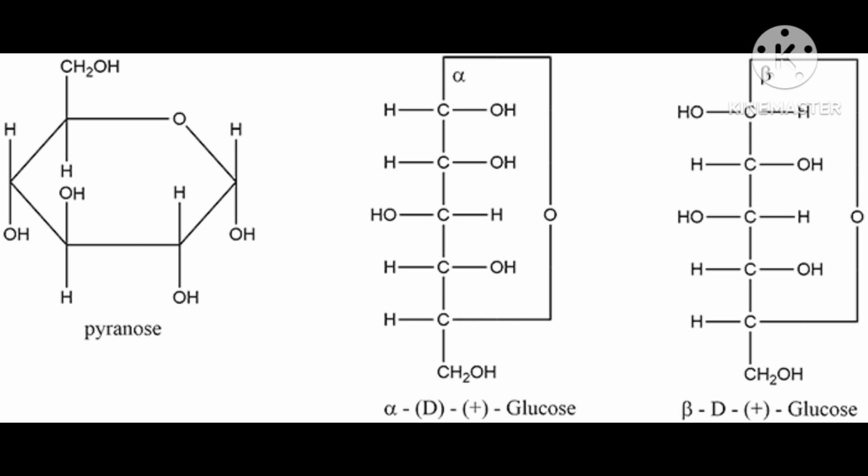Alpha is 419 and beta is 423 Kelvin, a 4 degree difference.